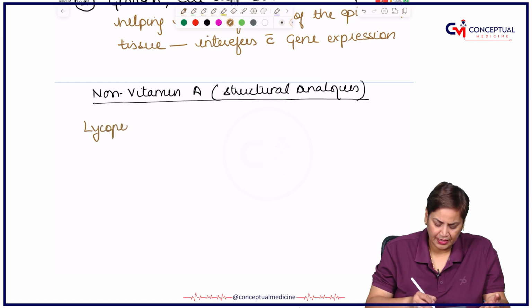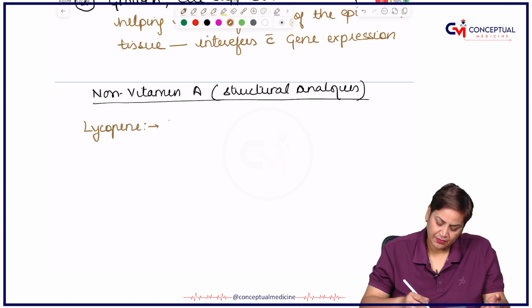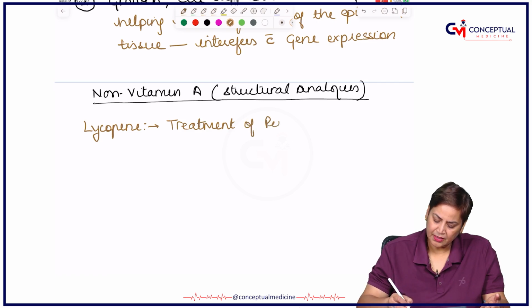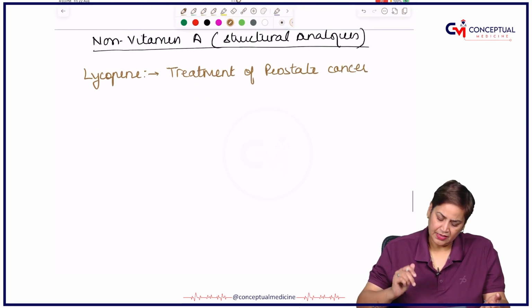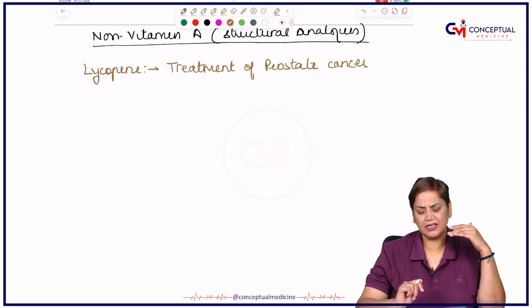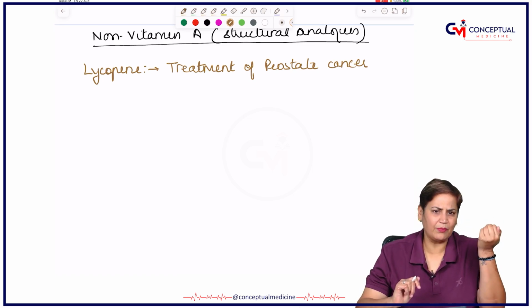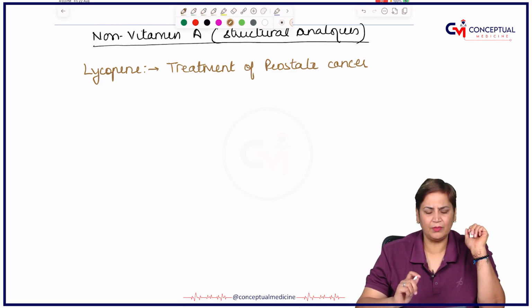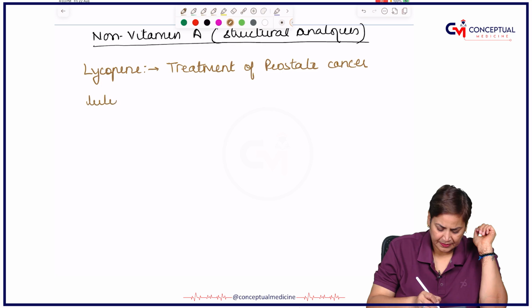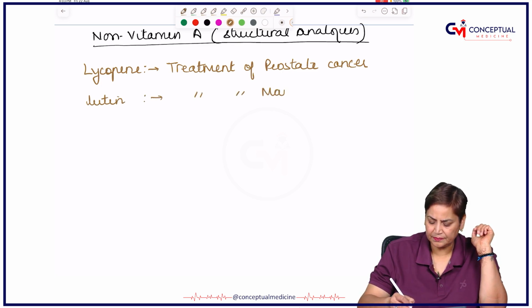So lycopene is required for the treatment of prostate cancer. Again, it is having a carotene type of structure, but it does not come under a vitamin A derivative. That is why I have written non-vitamin. Then lutein is there, which is required for the treatment of macular degeneration.